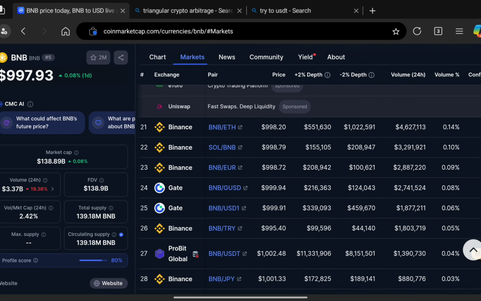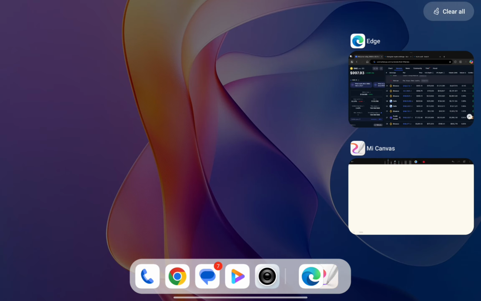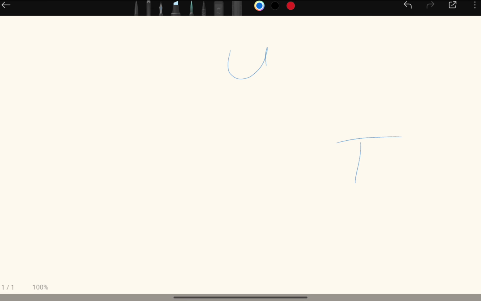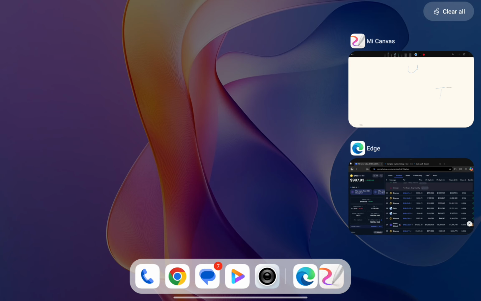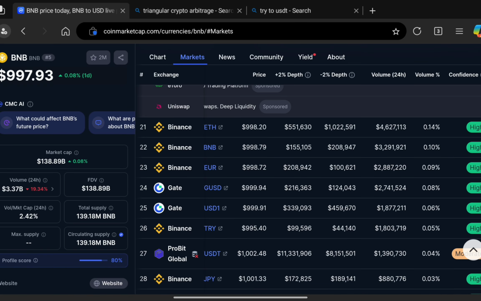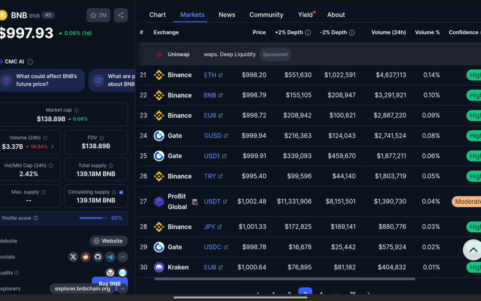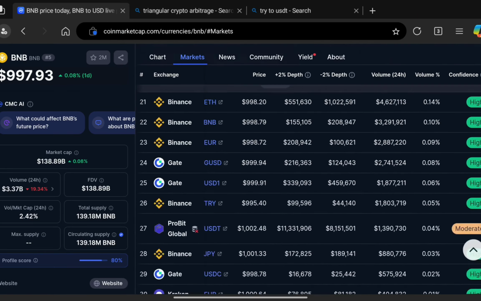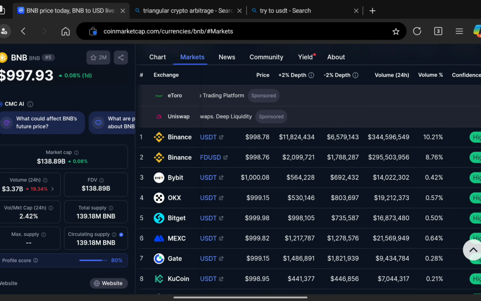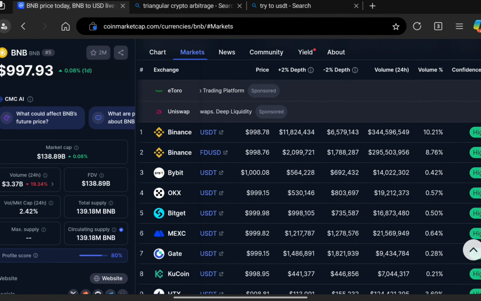All right, so what you're basically gonna do now, let's go ahead and explain this triangular arbitrage for you to understand this now. Okay, so in this case, we're using USDT and TRY. And in this case, we're gonna be taking this from TRY to, let's go to the first page and make sure we have everything correct.